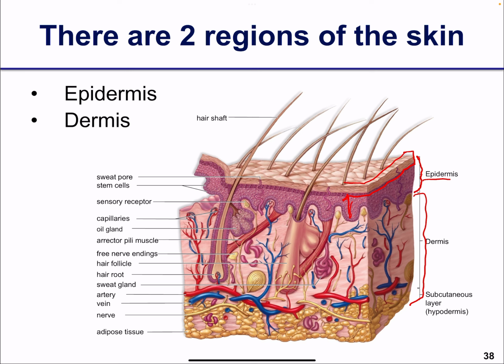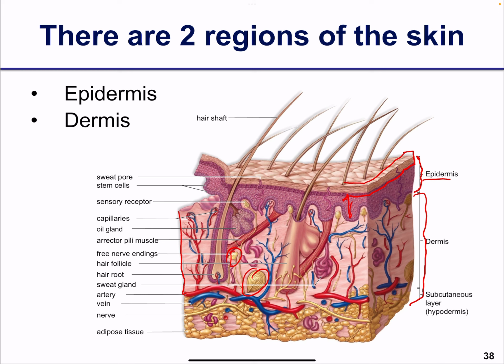You're going to notice that in the dermis, this is where you're going to have blood vessels. You're going to have the sensory tissues, some sensory organs here. What else are you going to have here?